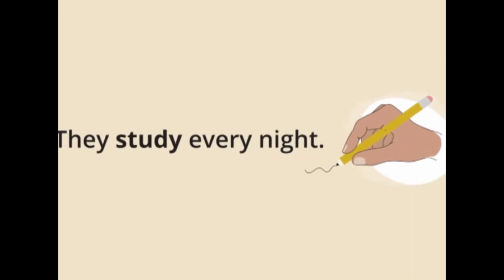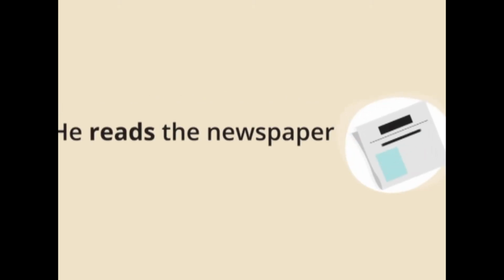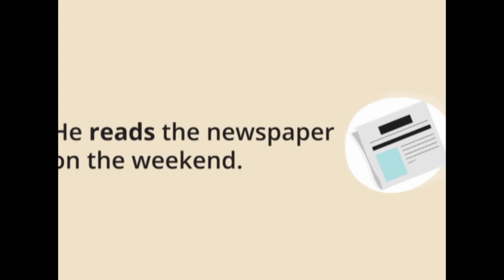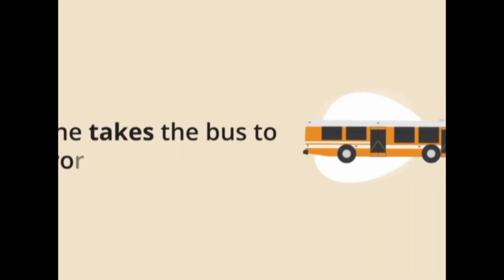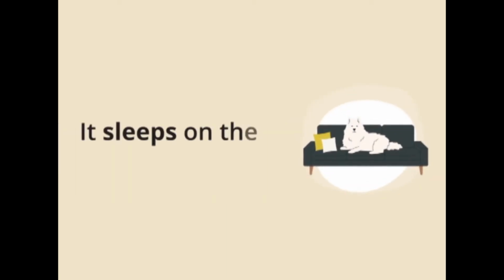They study every night. We use the verb plus s when the subject pronoun is he, she or it. He reads a newspaper on the weekend. She takes the bus to work in the morning. It sleeps on the couch every day.